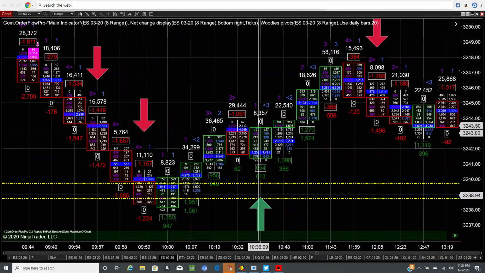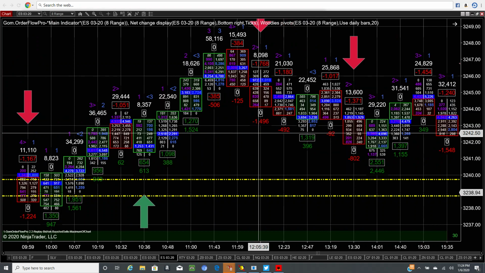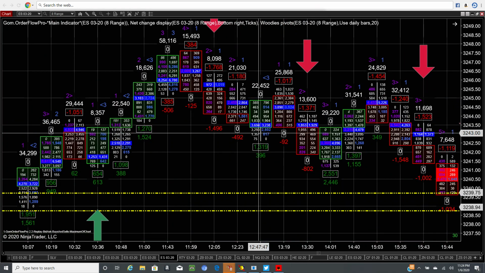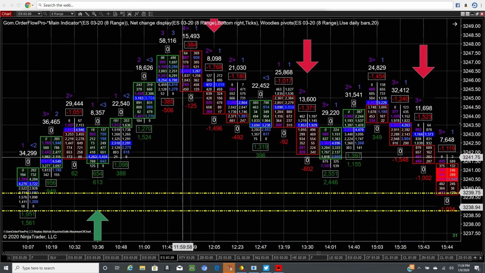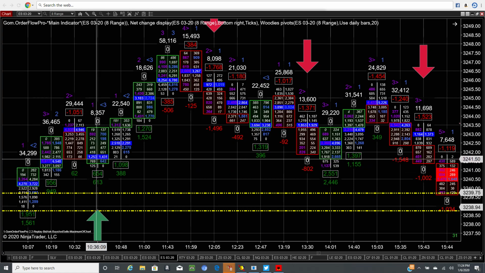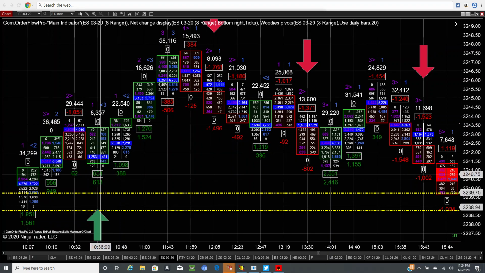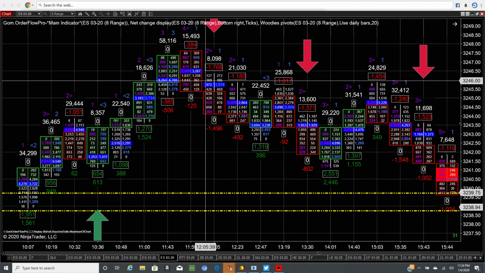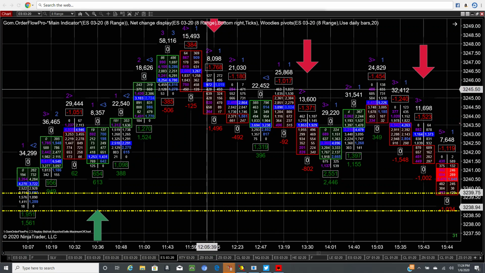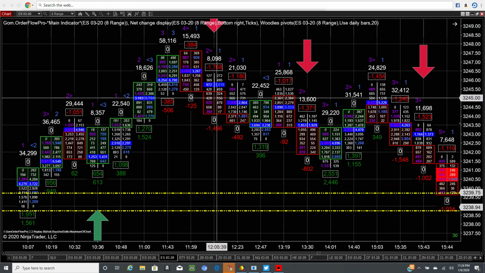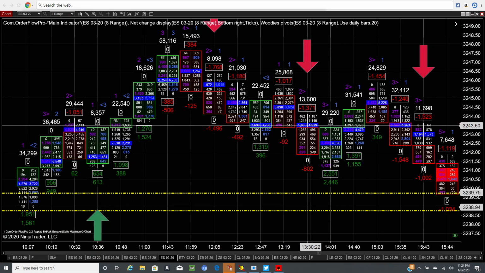Let me scroll here. I told you this was easy. 3 ticks off the low. Green candle. Buy signal. 3 ticks off the high. Red candle. Sell signal. Sell signal.